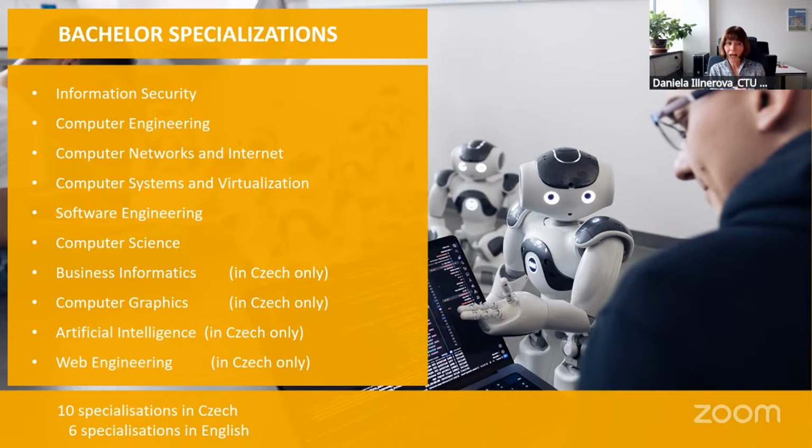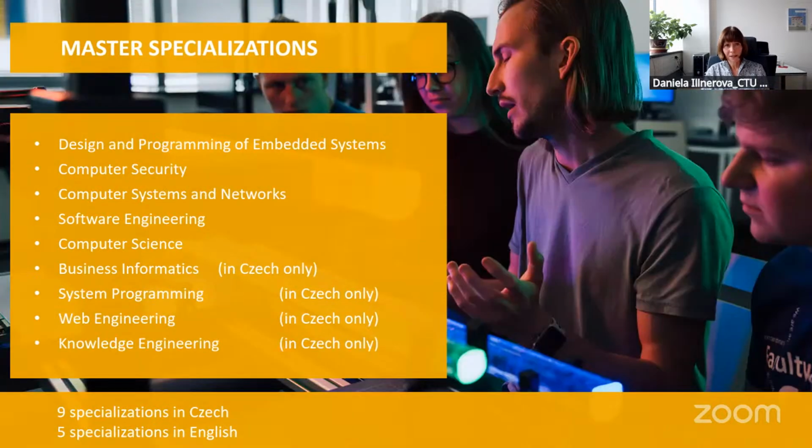You just have to take the compulsory courses and subjects for your chosen specialization. So that's for the 3-year bachelor specializations, and then the master specializations. There are 5 in English, definitely more in Czech.